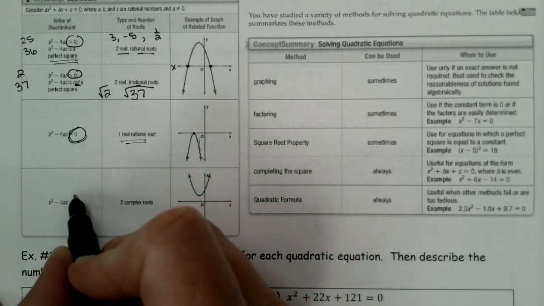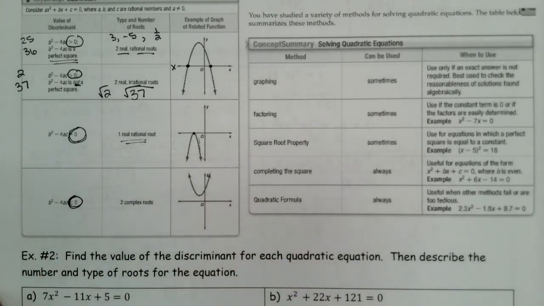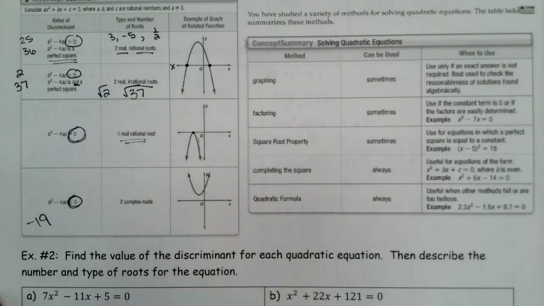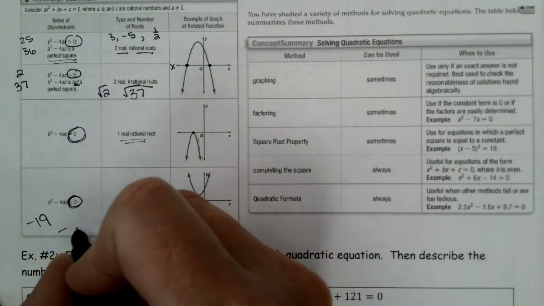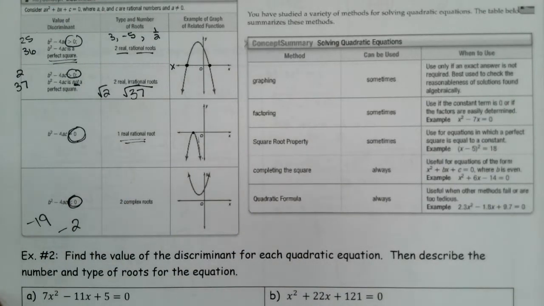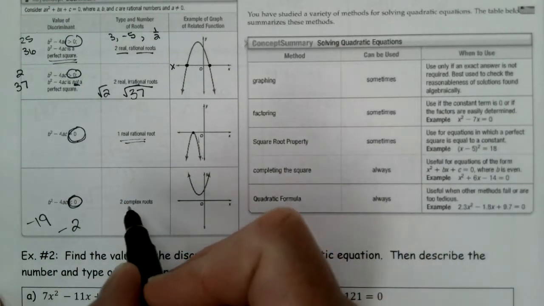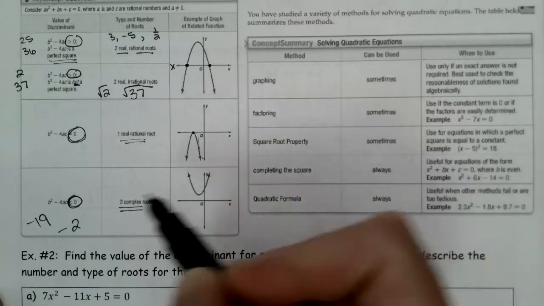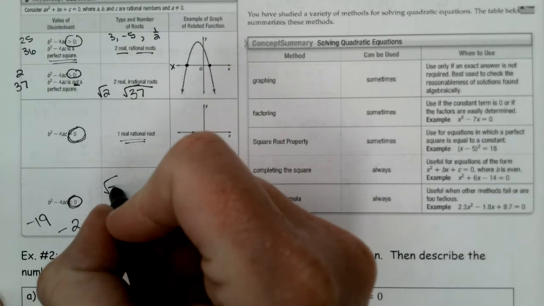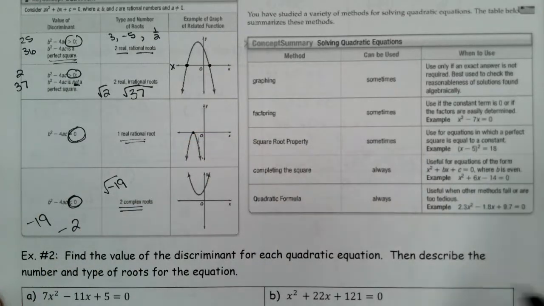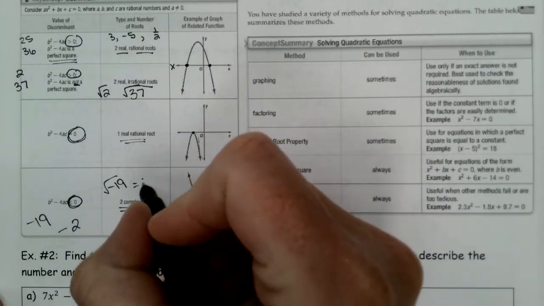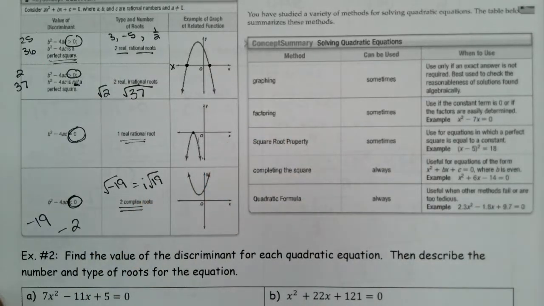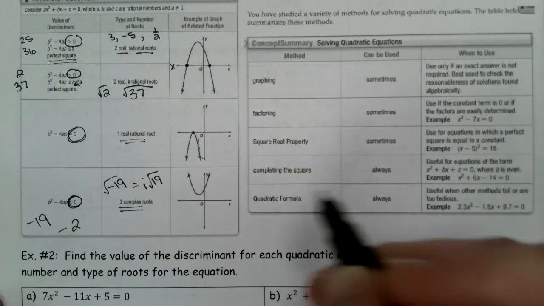The next scenario is that you get an answer less than 0, like -19 or -2. This is what we would call two complex roots, because you have to remember this is the number under the radical. So the square root of -19 equals i radical 19. It's an imaginary number or a complex number.